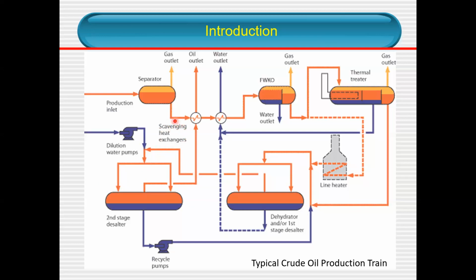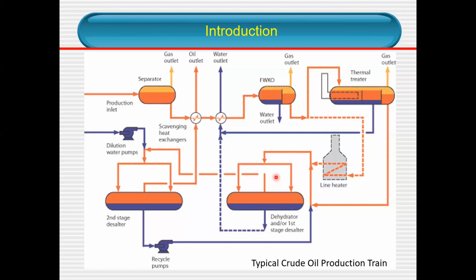That is why you have the scavenging heat exchanger, and you have the dehydrator and the first stage desalter. As you see in the term dehydrator, it basically dehydrates the oil, removing water so that you can sell the oil with the right BS&W, base sediment and water.